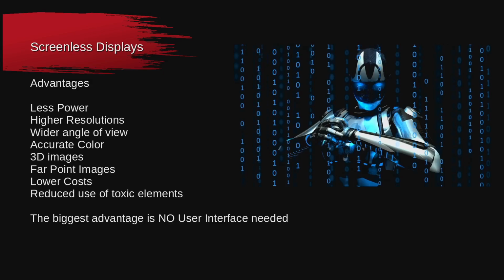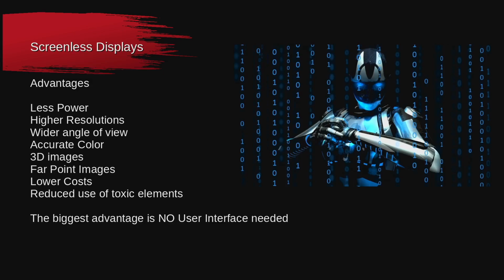You can also get a wider angle of view, because you're limited with a flat display. You can get better color if you're transmitting the image directly to the retina. There isn't any color loss in the translation of the reflection or in the reproduction of that image. You can also generate three-dimensional images, which would be really difficult to do with a display.